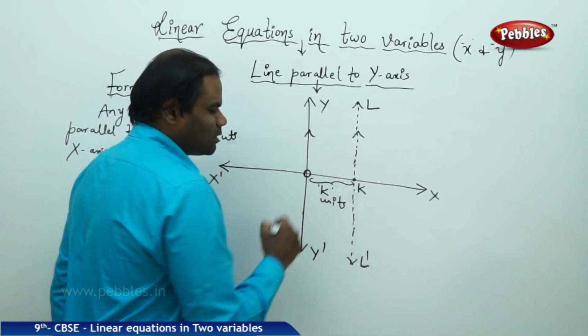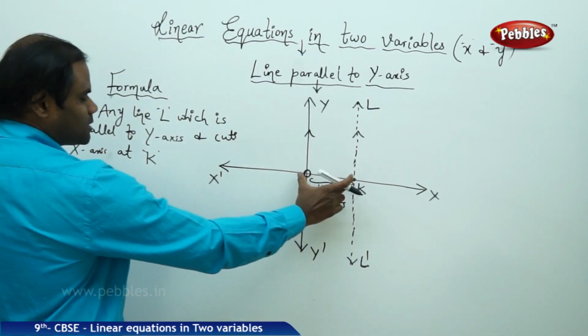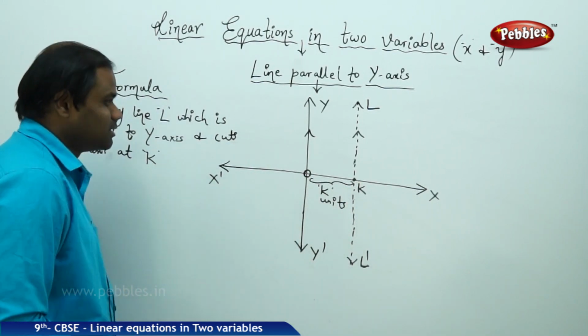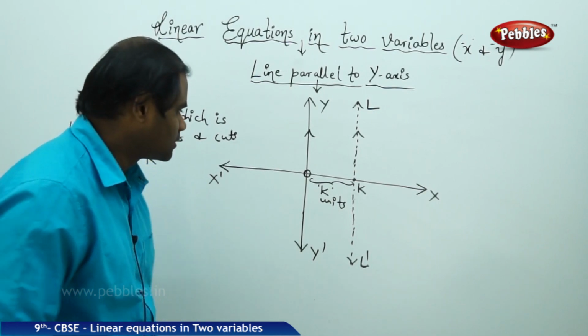So geometrically, this distance is k units, that is the distance of the line from y-axis is k units. This is how I understand the concept.